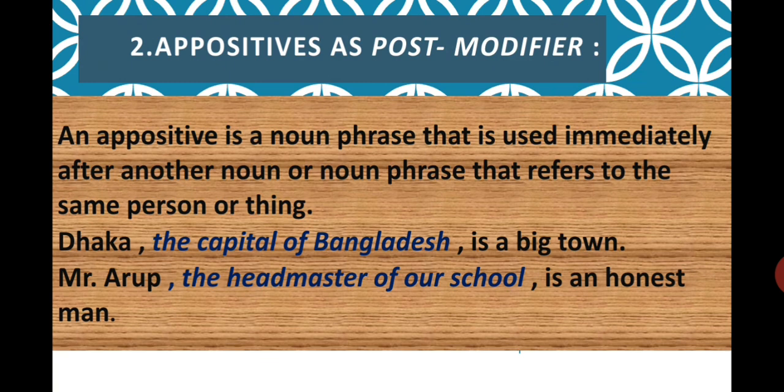It is immediately used after the noun Mr. Orup and gives more information about the word Mr. Orup. So, the headmaster of our school, this noun phrase, is an appositive and gives more information. So, it is a post modifier also.